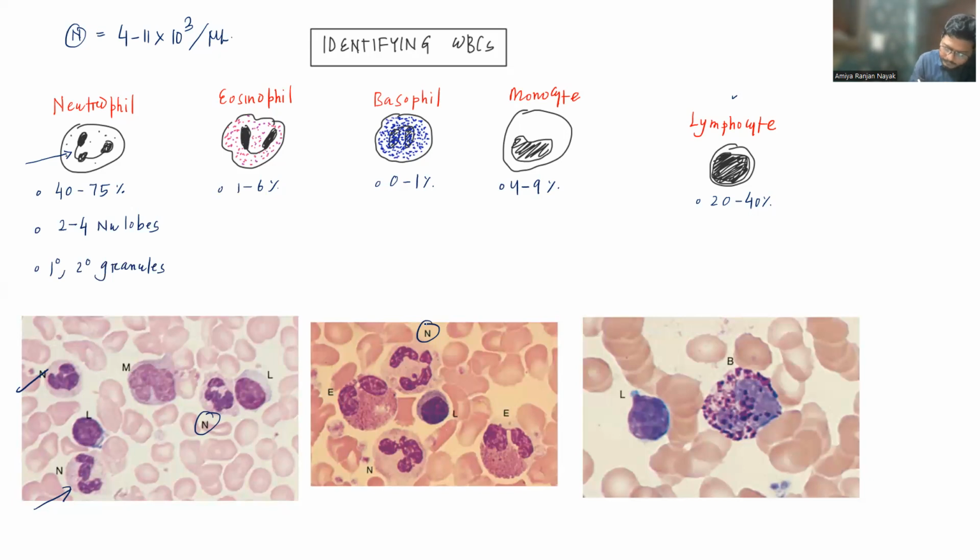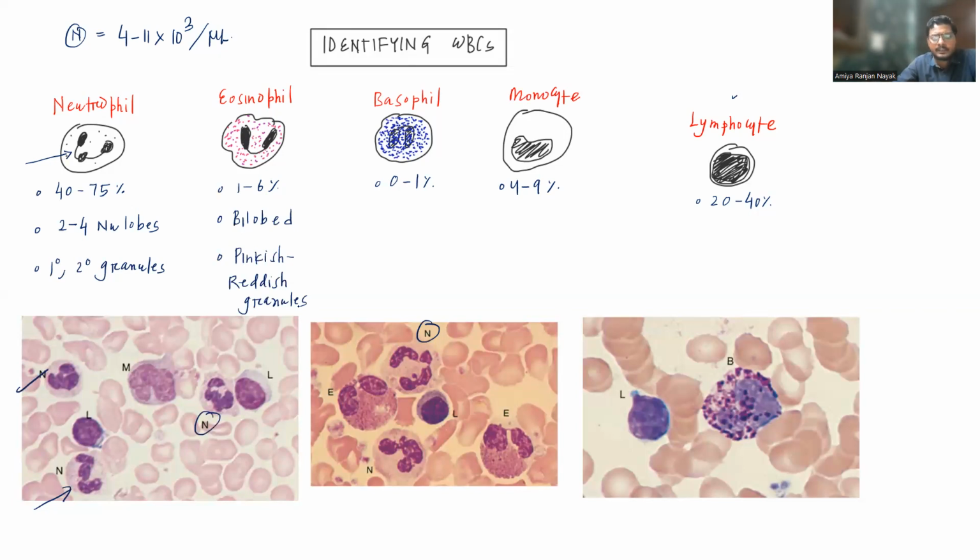Then we'll discuss the eosinophils. Eosinophils are bilobed, and they will have pinkish to reddish cytoplasmic granules. These granules will contain various proteins like eosinophilic cationic proteins or major basic proteins.